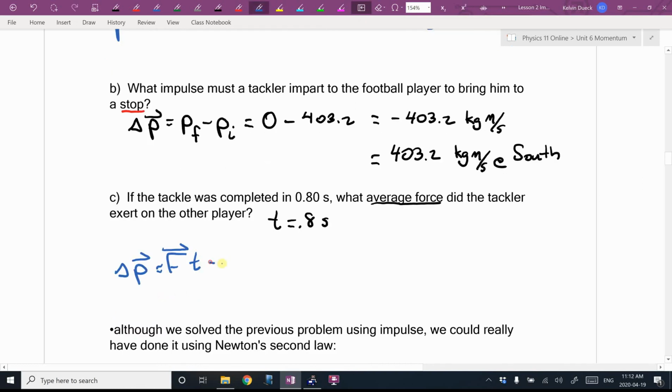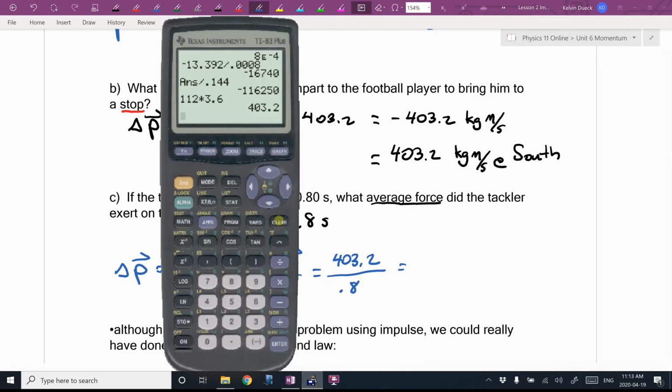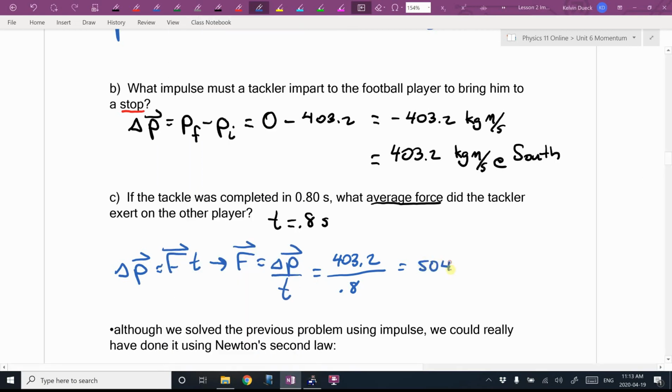So if I want to get the F by itself, F is impulse, just divide the t over. The impulse I have is 403.2. The time is 0.8. So if I go 403.2 divided by 0.8, I get 504 newtons.